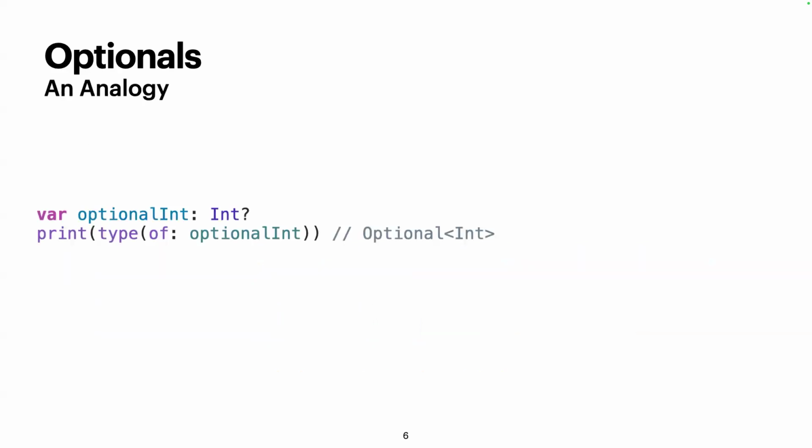Here's an analogy to make sure you understand this. We have a variable called optionalInt, and its type is an optional Int. It's declared as an optional Int because we have the question mark after its data type. When I print this out via the type method and pass in this variable, it prints out Optional<Int>, and as you can see inside those brackets, it's wrapping that integer within this optional data type.